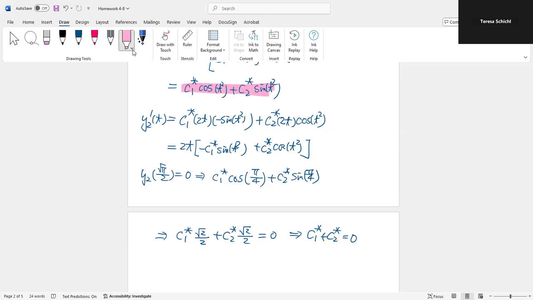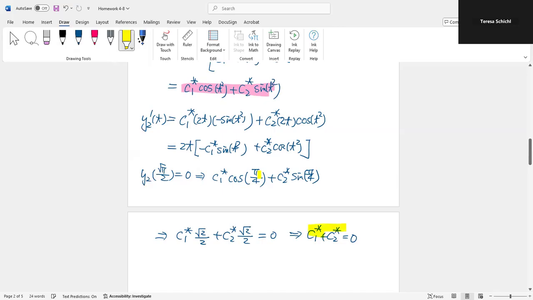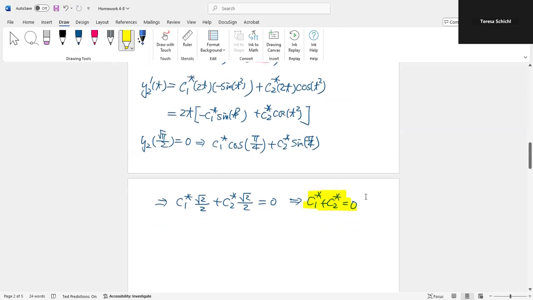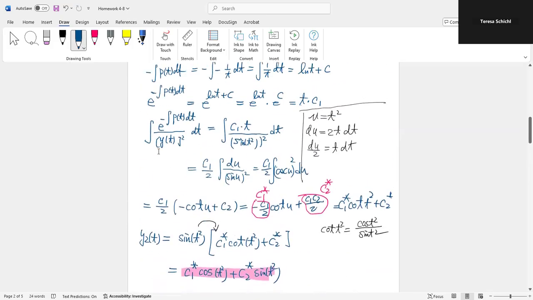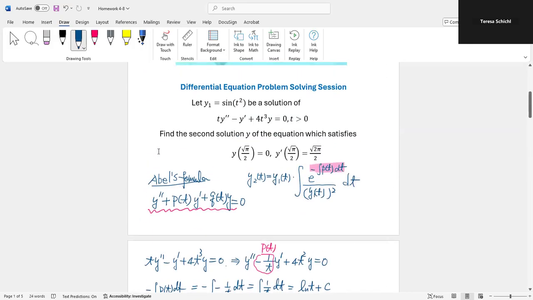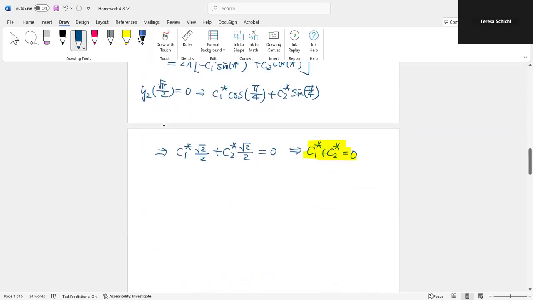Let me highlight it, because we're going to solve the system of equations. This is my first one. The next thing is I need to substitute the initial value for y prime. The initial value is y prime of square root of pi over 2 equal to square root of 2 pi over 2.